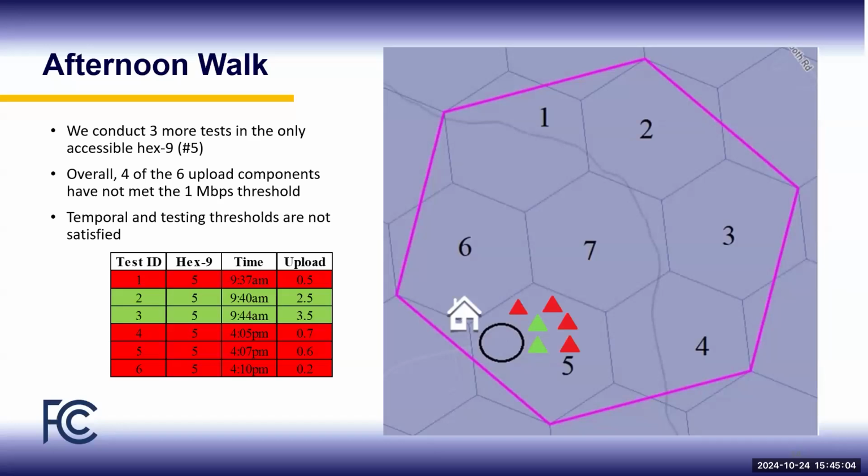We have not yet satisfied the temporal threshold because the first set of negative components have a time of 4:05 p.m. and the second set of negative components has a time of 4:07 p.m., which is only a 2-minute time of day difference. We have not yet satisfied the testing threshold because we only have 4 negative upload components, but we need a minimum of 5 negative components when we have recorded less than 20 total components. Next slide.